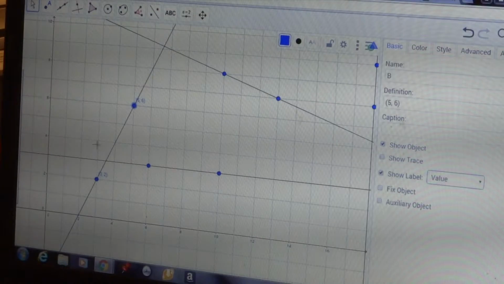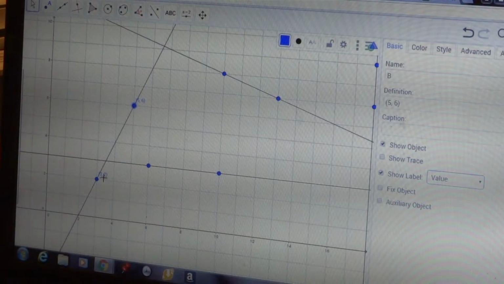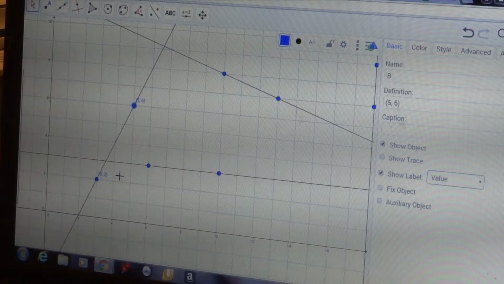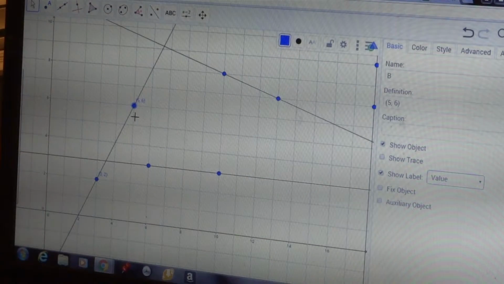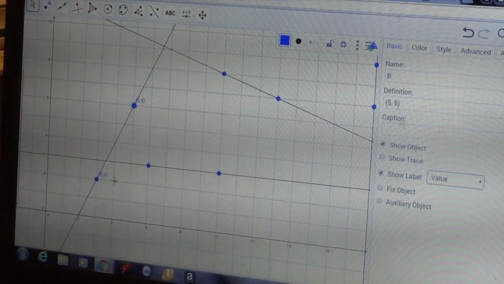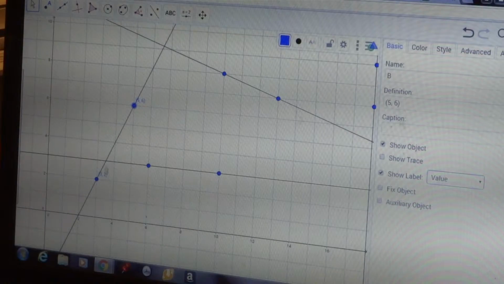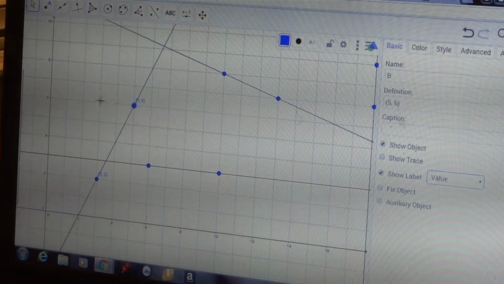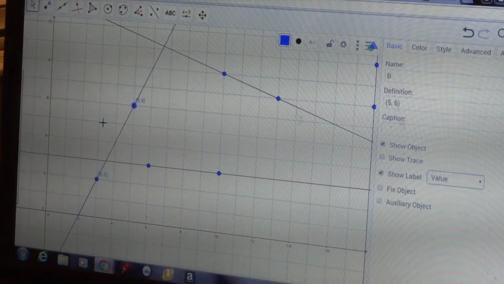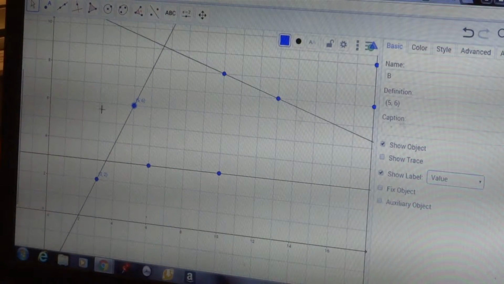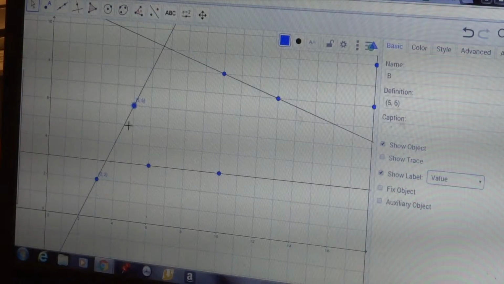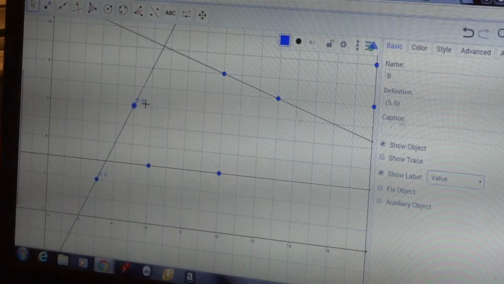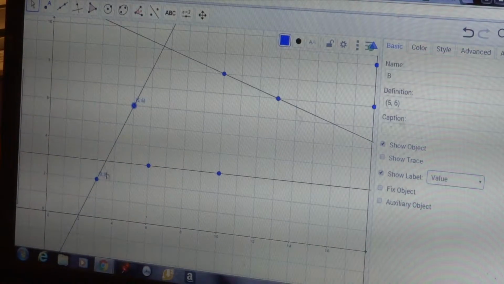But how am I going to figure that out with the numbers? Well, very similarly to what we did in the other videos, I could take a look at the change in the y direction and the change in the x direction. Because rise comes first, I'm going to look at the difference in my y values. So I have 6 and 2.